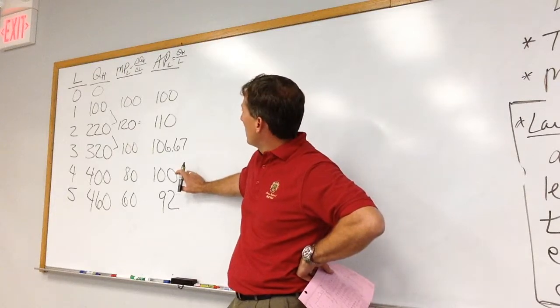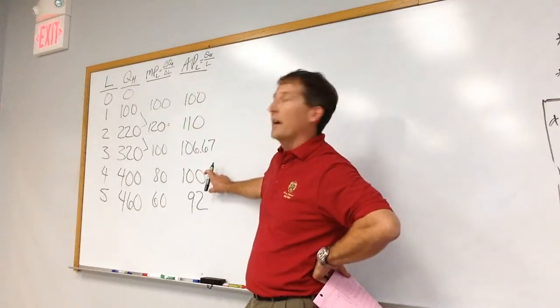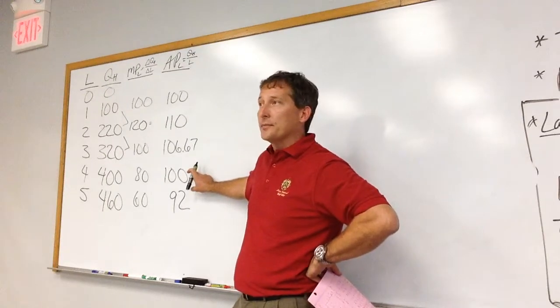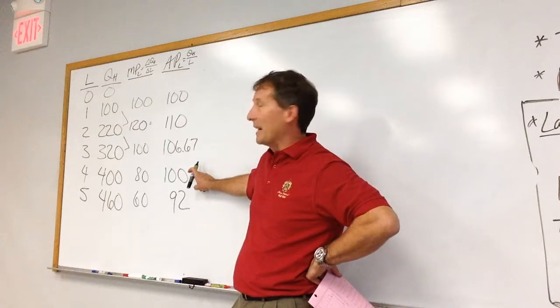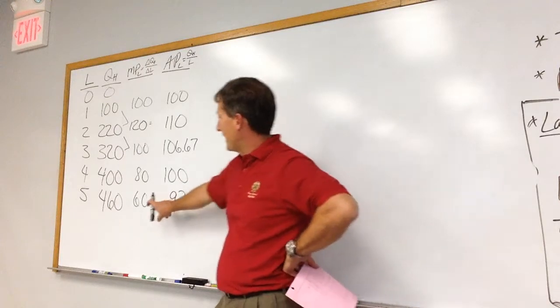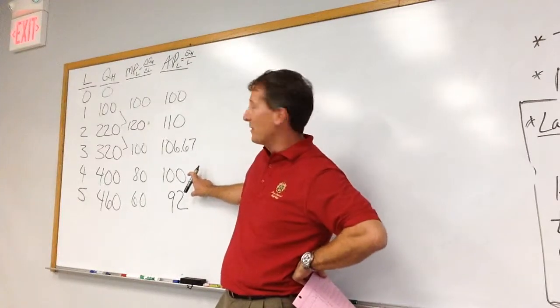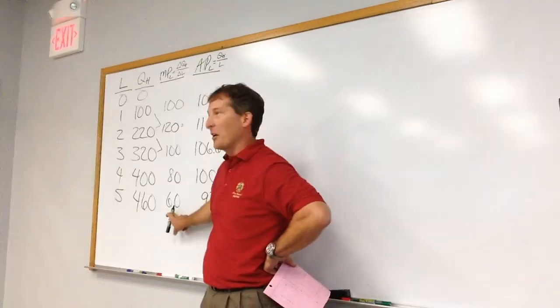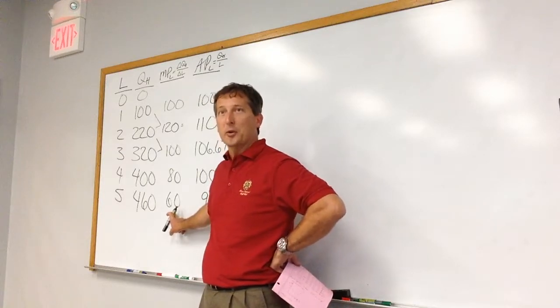We could really use some more hamburgers, so I need 100 more hamburgers, so I'm just going to hire 1 more person. When they hire that person, how many more hamburgers do they get? They get 60. They think they're going to get 100 because the average was 100, but they're actually going to be short 40 hamburgers because of the law of diminishing marginal product.